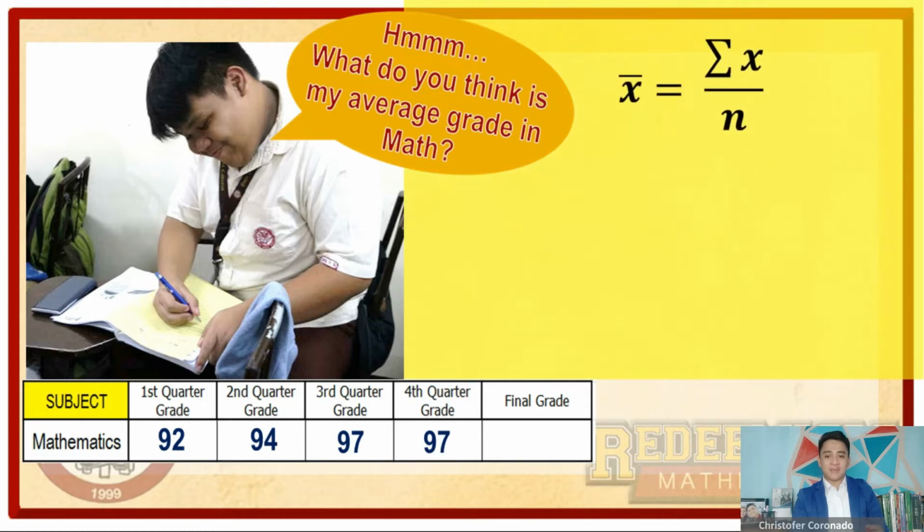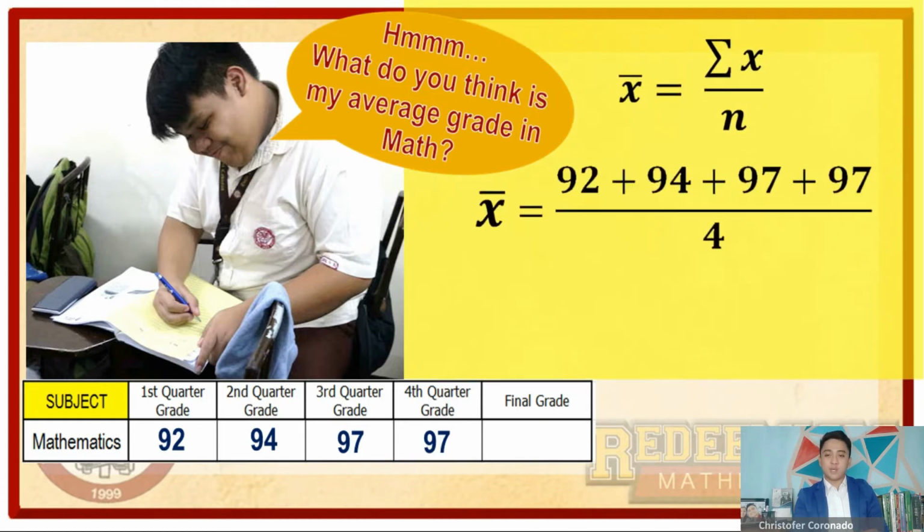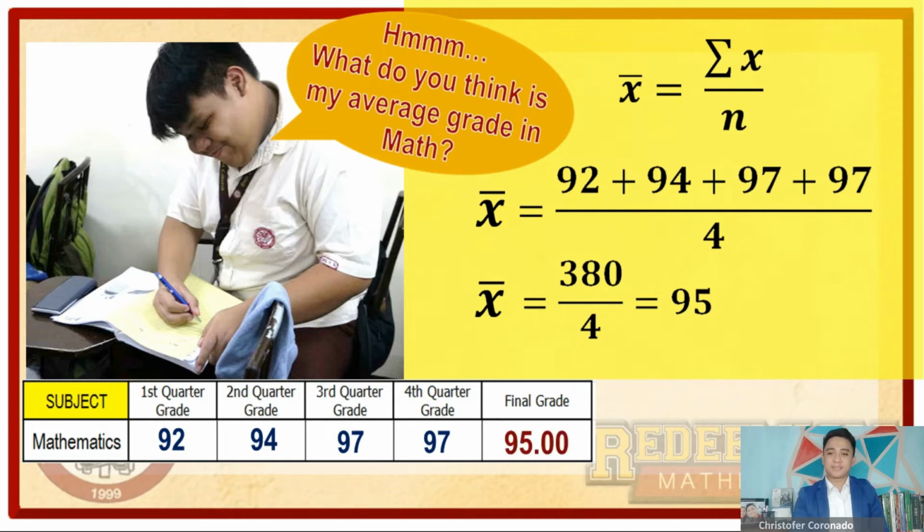That would be the same as x bar, or the mean, equals (92 + 94 + 97 + 97) over 4. The numerator will add up to 380, then dividing it by 4 gives us a value of 95.